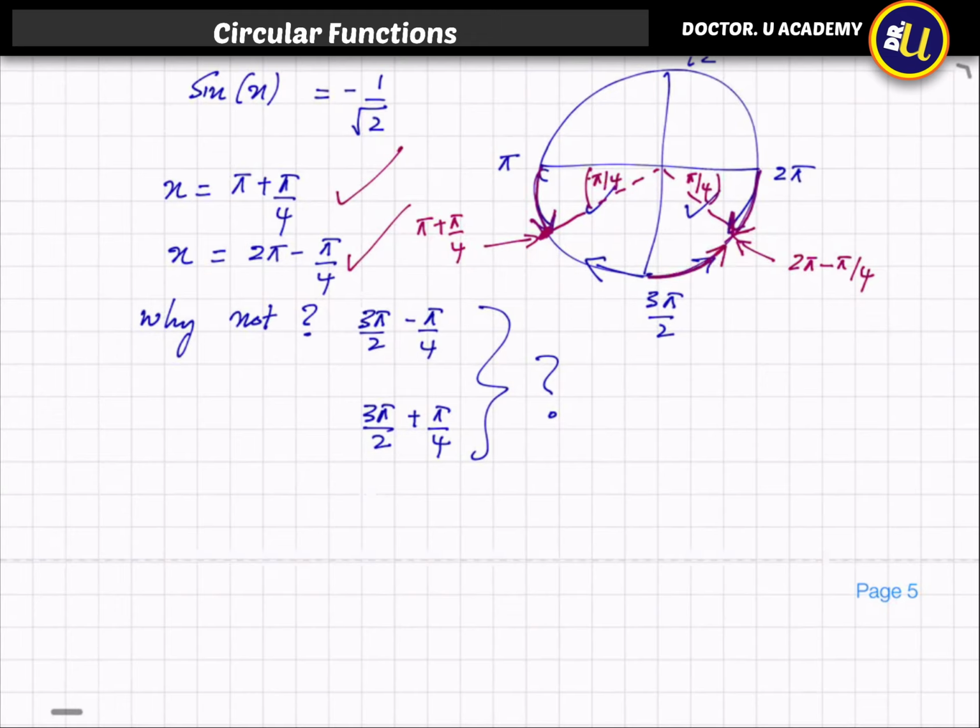You can go from here or from there, and this can be anything. It depends on the question, but my question is, why are you constructing the solution from 2 pi and pi, but not from 3 pi divided by 2?